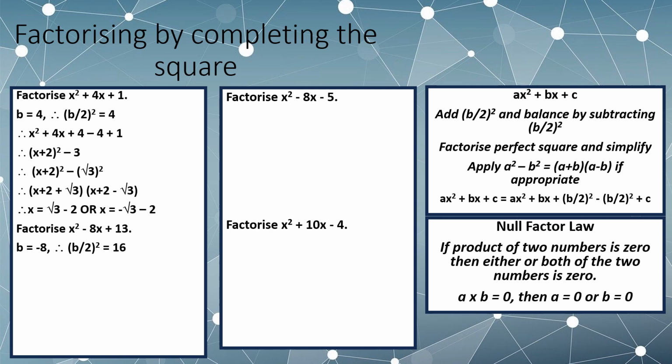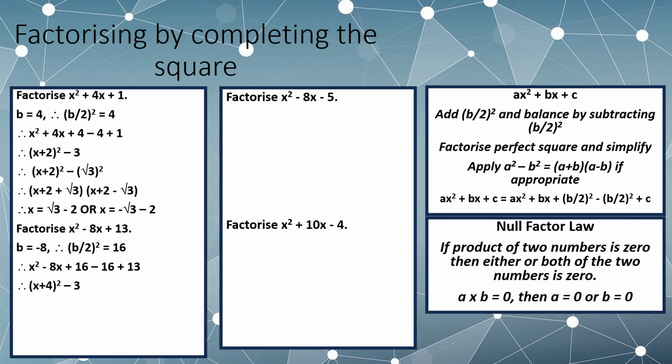Placing those back into our equation, we have x squared subtract 8x plus 16, subtract 16 to make sure we're balancing it out, plus 13. So we can see the first three terms form a perfect square. So we'll have x minus 4 squared, subtract 3.